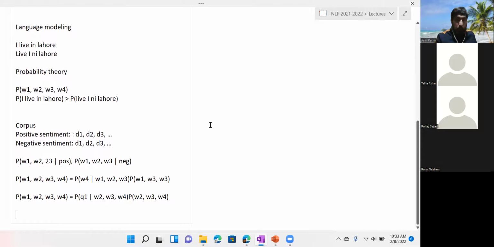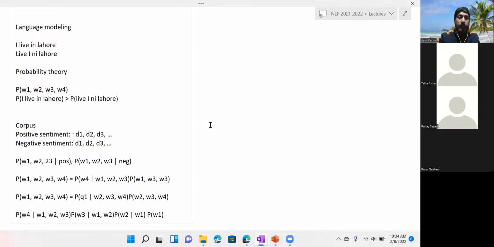And then you can do this recursively. If you look at the first, I wrote the probability of W4 given W1, W2, W3. And the second term here, I can break it down again: W3 given W1, W2. And similarly, I can break the third one again: W2 given W1, and then finally W1.